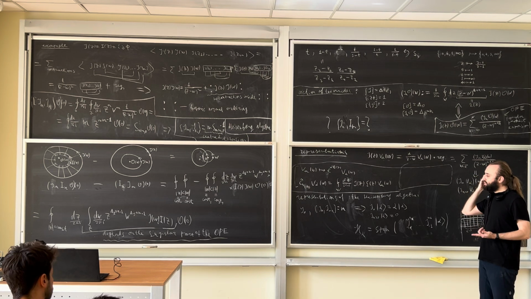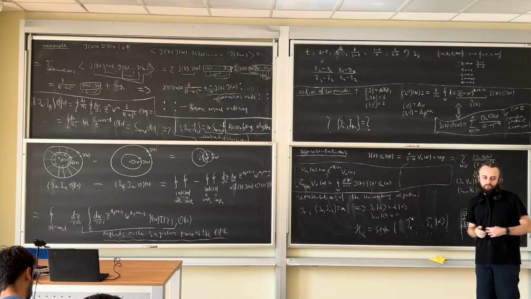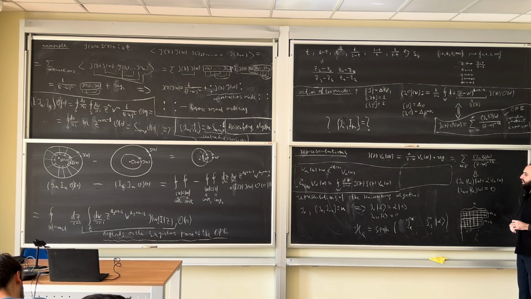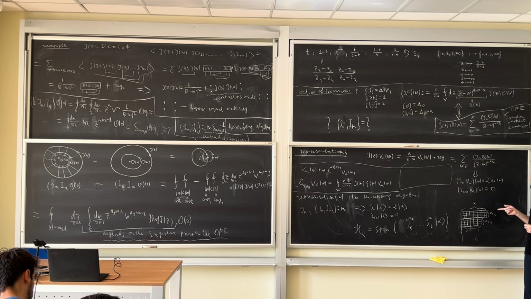So it always contains the Virasoro algebra, which we will study next time, which comes from the energy momentum tensor. But it can also contain additional symmetry algebras, which are either simpler or more complicated than the Virasoro algebra itself. So here we see that this U1 symmetry creates infinitely many fields.